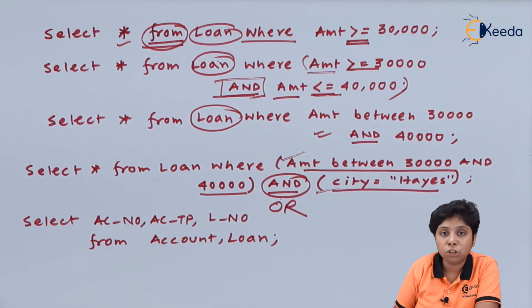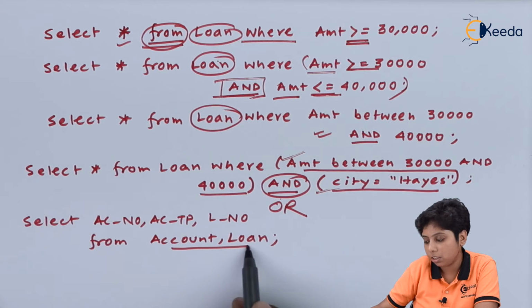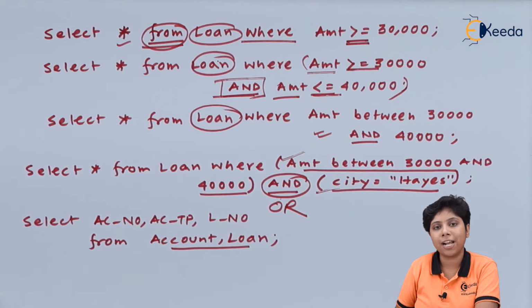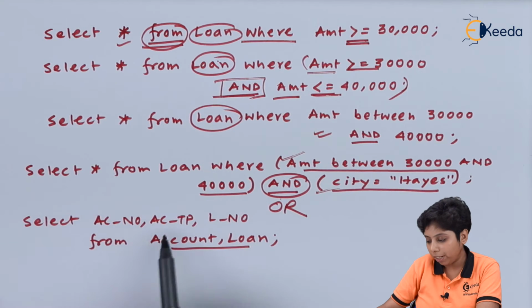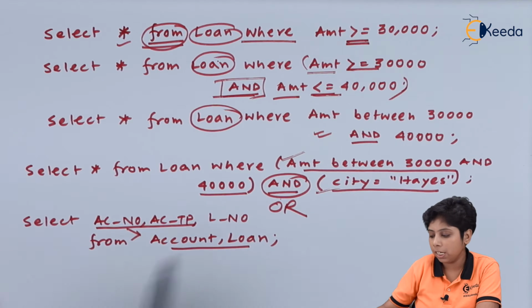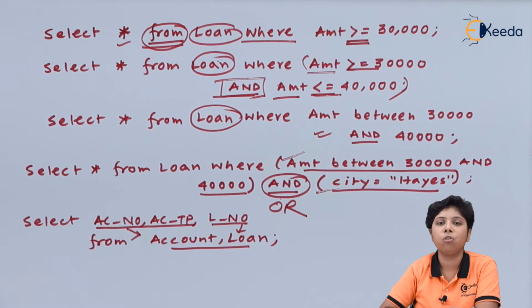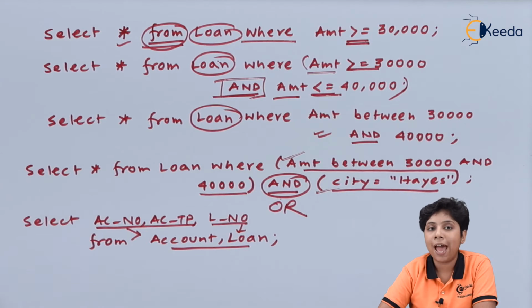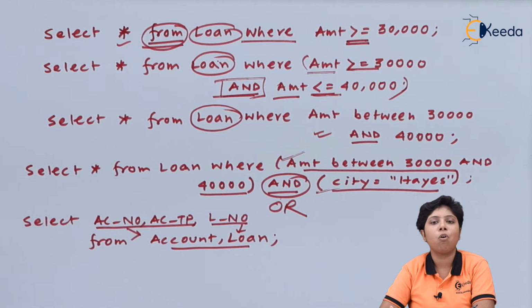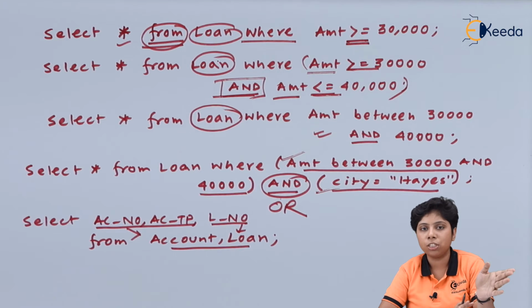Here we are actually joining these two relations, just like a Cartesian product or natural join in relational algebra, and then fetching only the account number and account type from the account relation and the loan number from the loan relation. So we can add any number of attributes of any number of relations inside a from clause, and it works just like the projection operation inside a natural join of relational algebra.